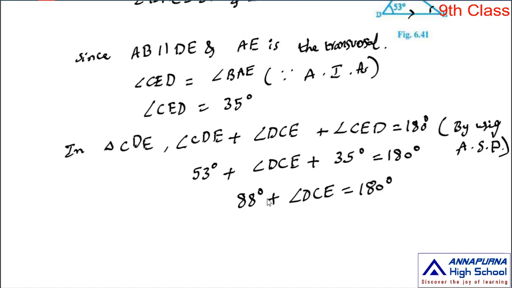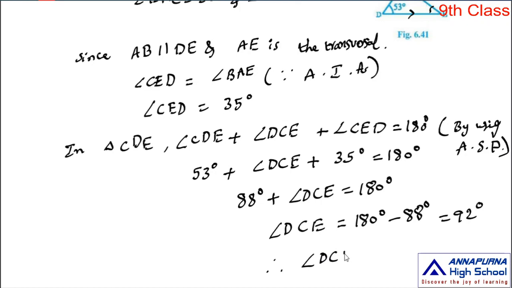Transpose 88 degrees to the right hand side. So angle DCE is equal to 180 degrees minus 88 degrees, that is equal to 92 degrees. Therefore angle DCE is equal to 92 degrees.